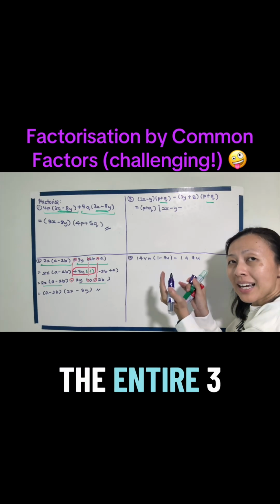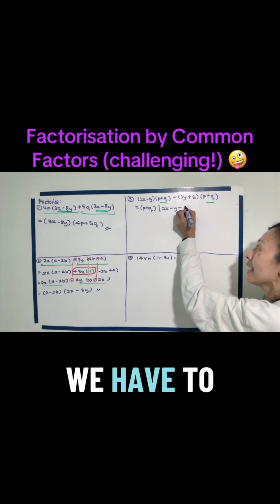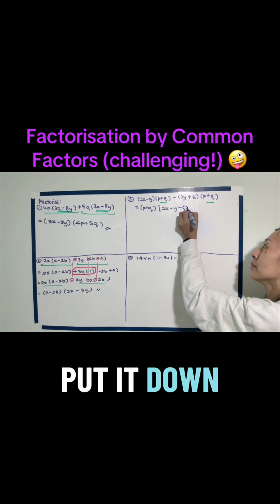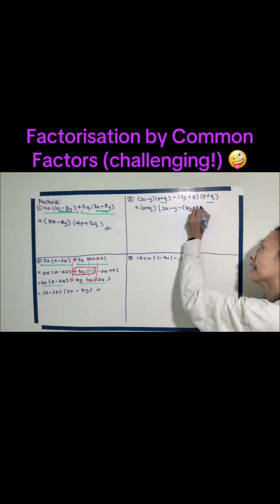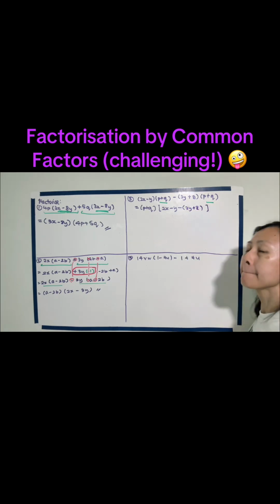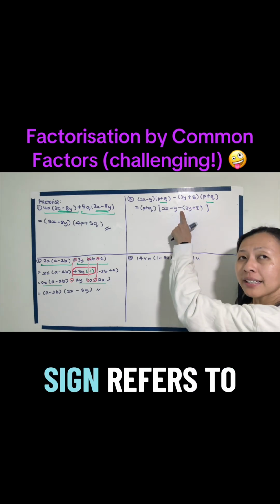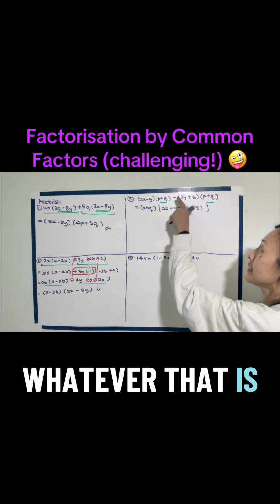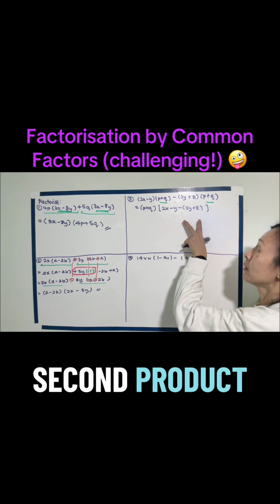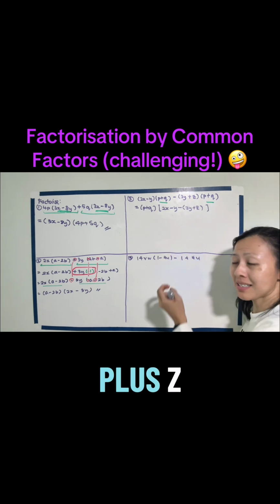So if it's the entire 3y plus z, we have to put it down within brackets. We can't just leave the bracket out because the negative sign refers to whatever is left in the second product, which is the entire 3y plus z.